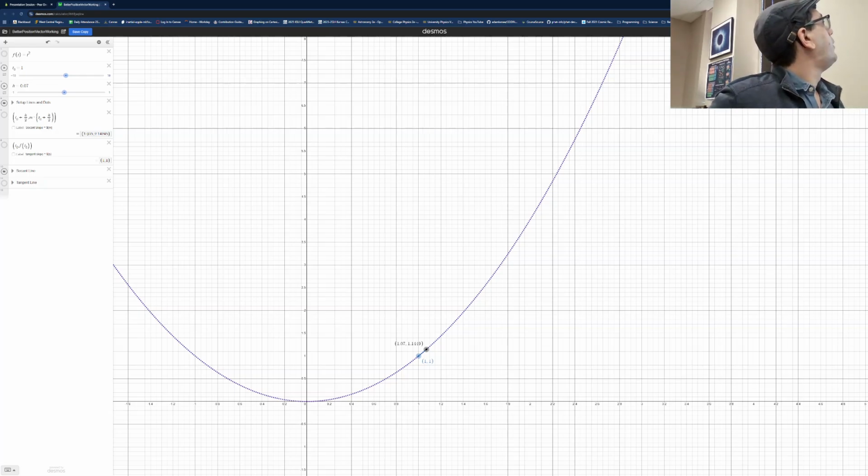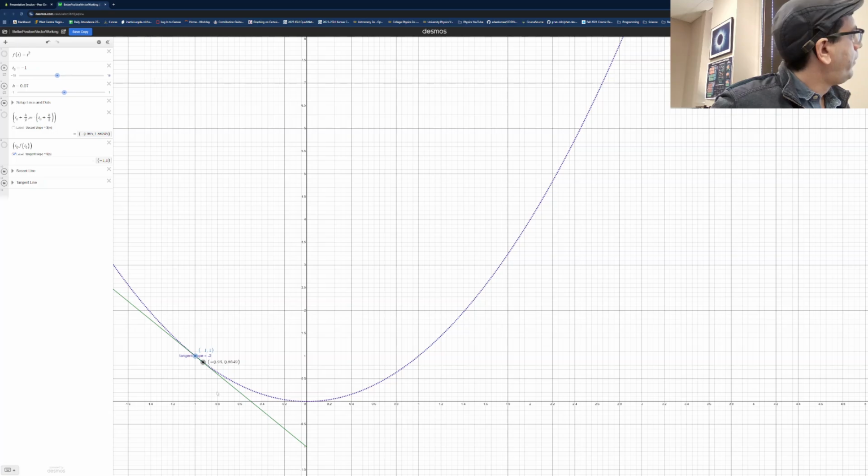And if we just go ahead and have Desmos check us, we're going to do the tangent line, and we're going to get the label, and we're going to put t at -1. You can't quite see where it is, but it does say tangent slope equals -2. We did a pretty good job.